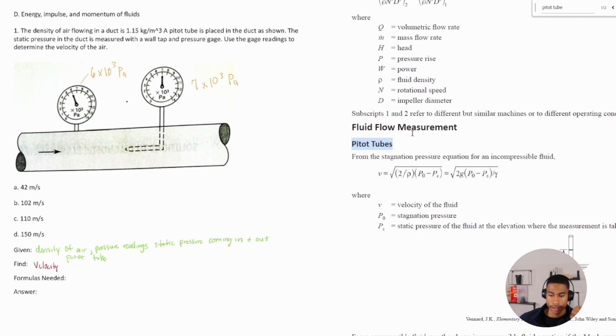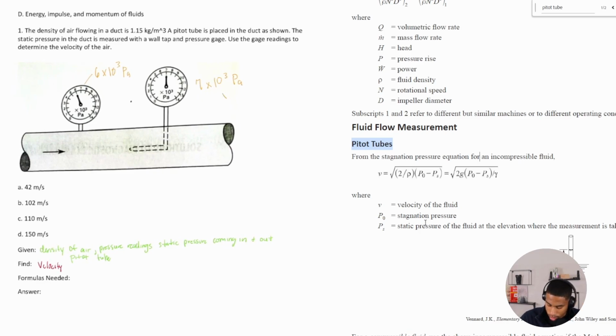Well, in this case, it's going to be air. The stagnation pressure and the static pressure of the fluid at the elevation where the measurement is taken. So PS is the start, and P0 is where it ends.